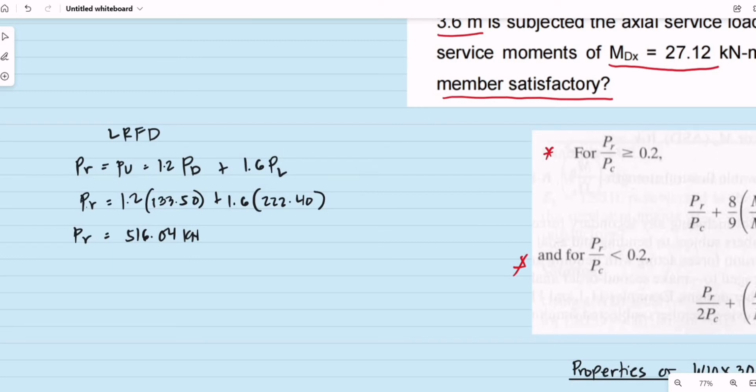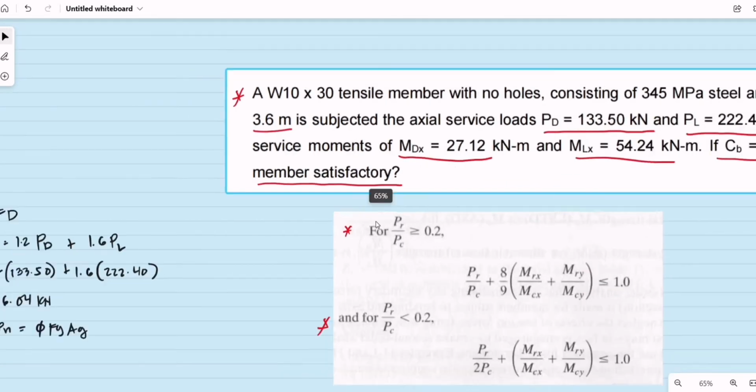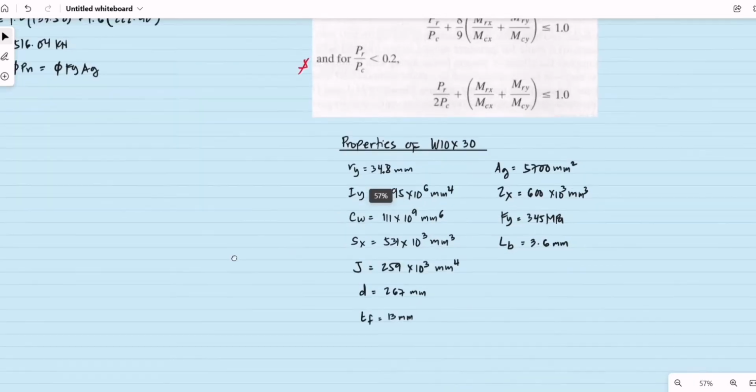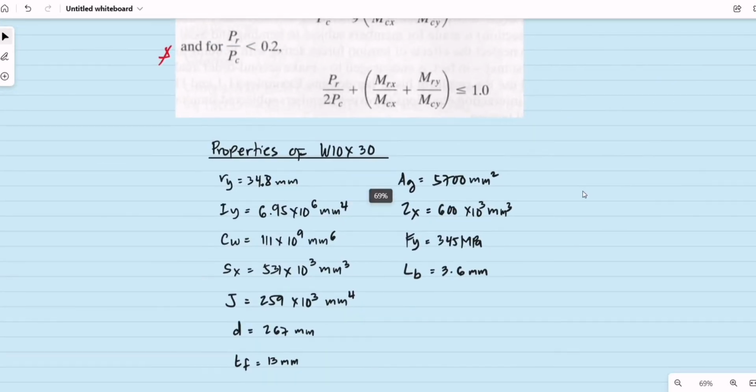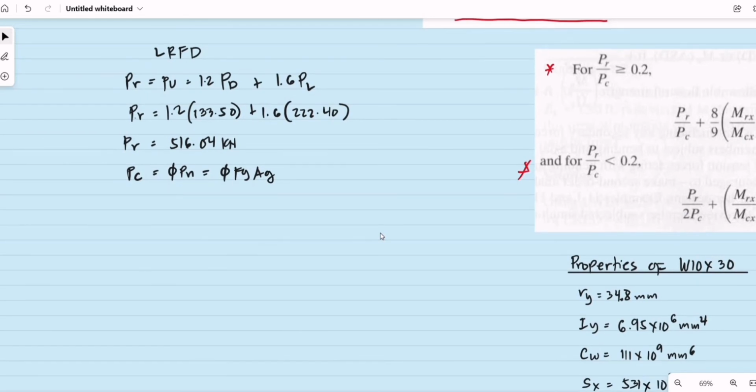Then for the value of our PC, PC is the same as P sub n, or basically equal to phi multiplied by Fy, then multiplied by area gross. We are using again area gross since for this member there are no holes. The value of the area gross for W10 by 30 is 5,700 square millimeters.